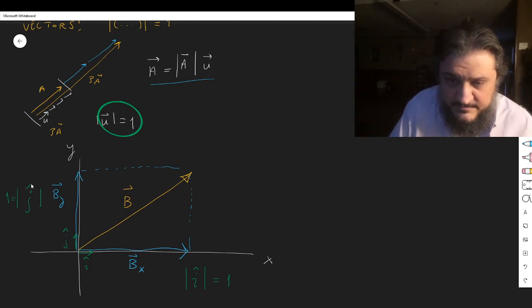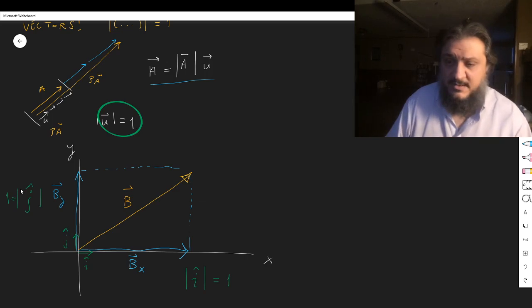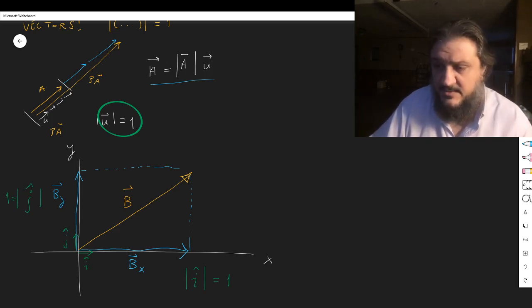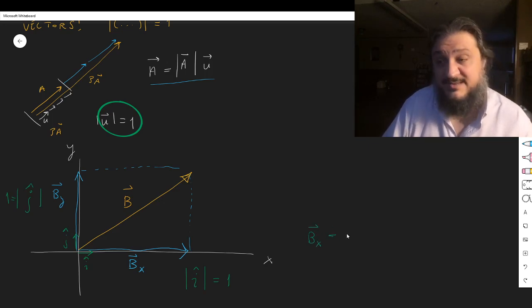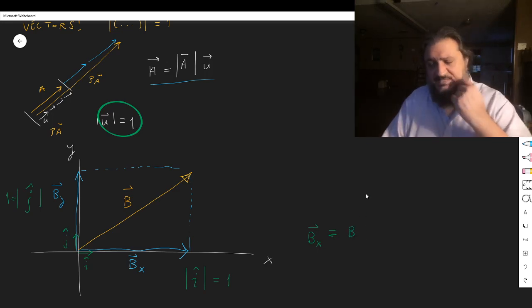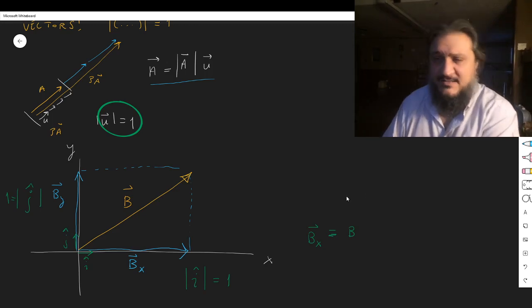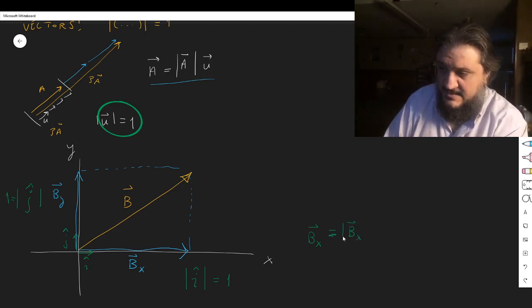Okay. All right, i hat and j hat, that's what they're called. So in this formalism, the component vector bx is nothing but, for this case, since it's pointing in the x direction, I could write it as the length of bx times i hat, which is correct.